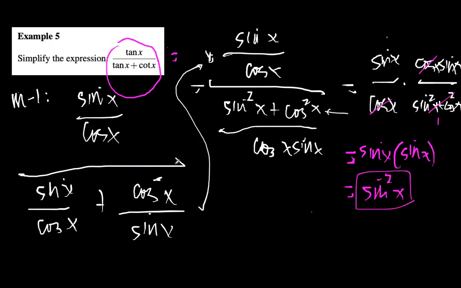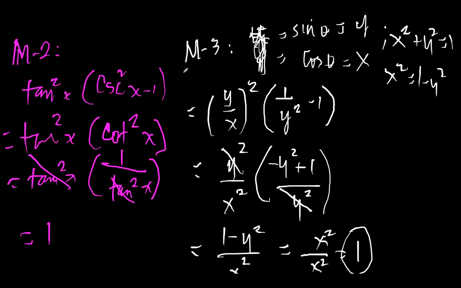Sir, question sir, legit po ba sir na pwede namin gamitin yung method 3 mo? Legit naman siya class. However, sige na nga, since nag-let ka naman dito na y is equal to sine and x is equal to cosine, pwede na to, ma-accept na to.